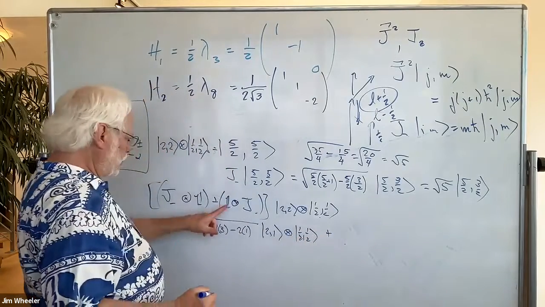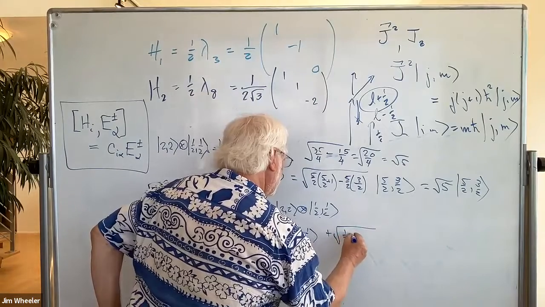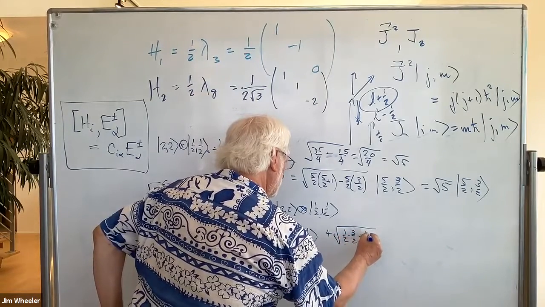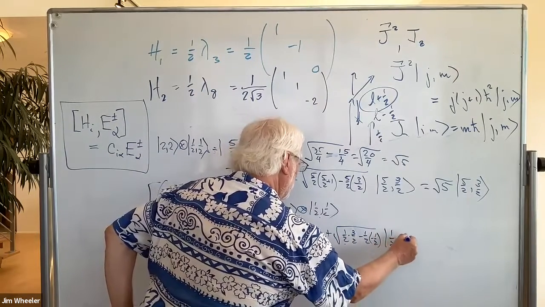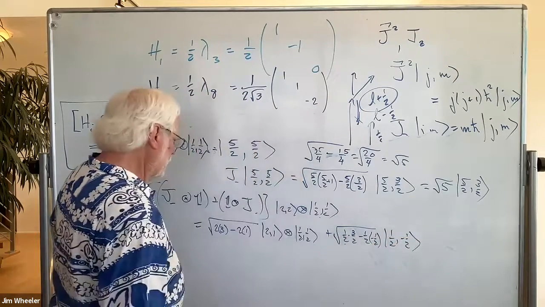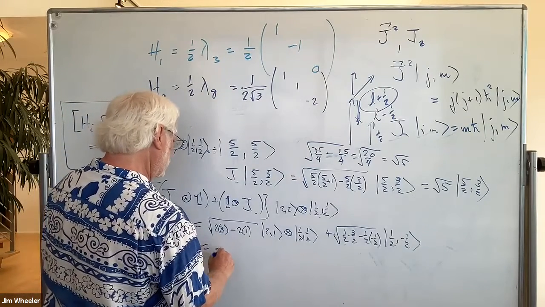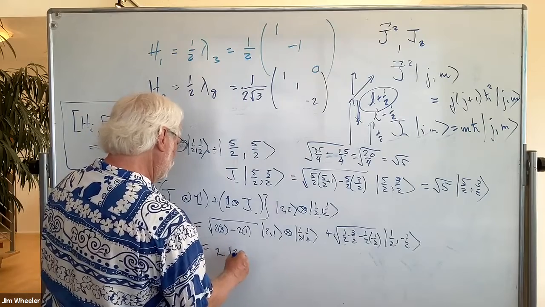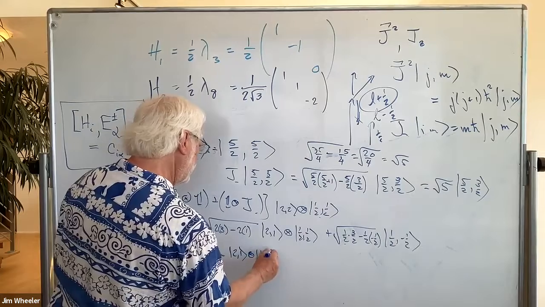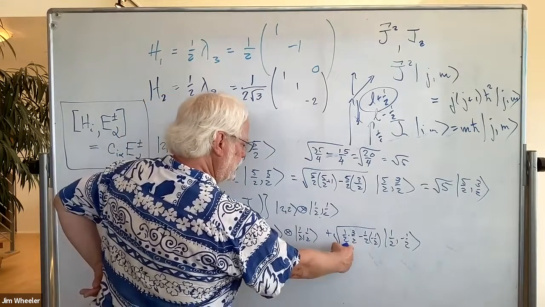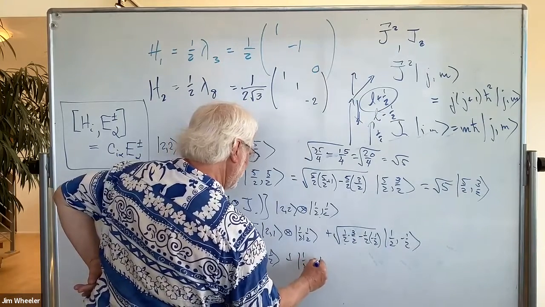But now there's another term where this one hits the second one, and that's going to give 1/2 times 3/2 minus 1/2 times minus 1/2, and a 1/2 minus 1/2 state. And that's 6 minus 2 is 4, so we just get 2 here times a 2, 1 cross 1/2, 1/2, plus this is 3/4 plus 1/4, that's just 1, so 1/2 minus 1/2.